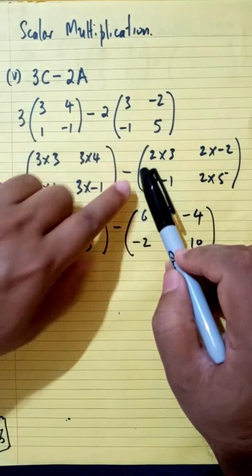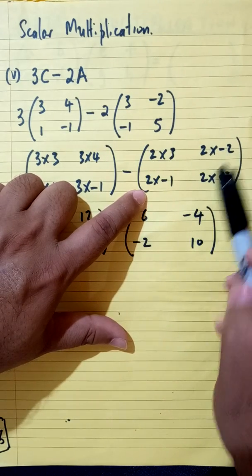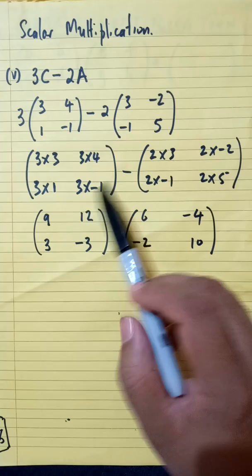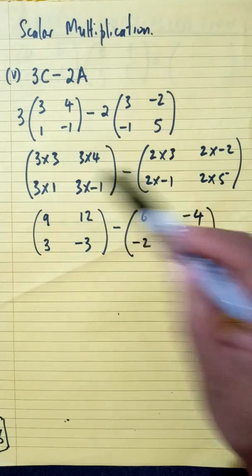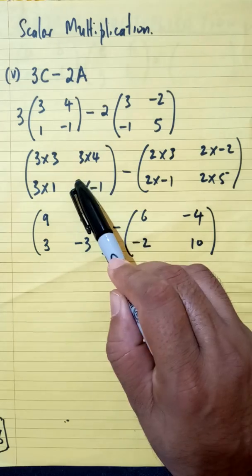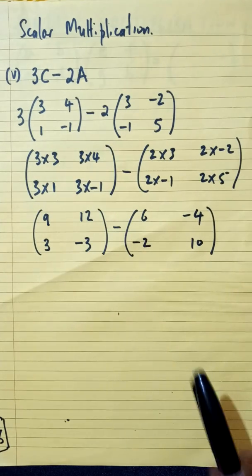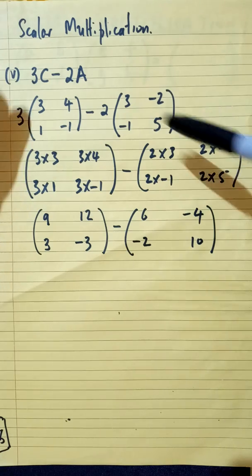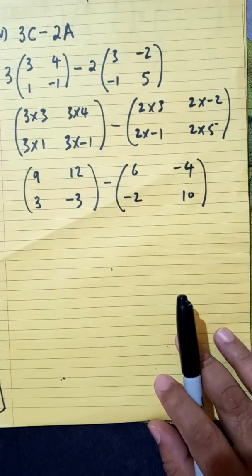So it's 2 times 3, 2 times negative 1, 2 times negative 2, 2 times 5. Alright? And when you work out these two products here, 3 3s, you're going to end up with this.